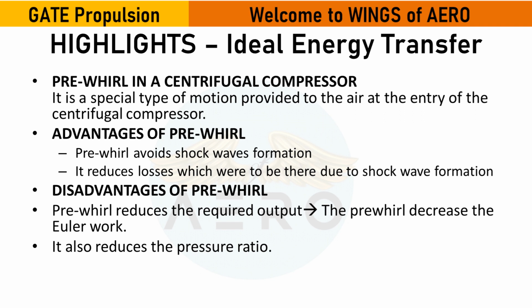So these are the advantages and disadvantages. Any kind of technology plays a dual role, just like two sides of a coin. It acts as an advantage and also as a disadvantage. The advantage is that it avoids the shock wave formation and reduces the losses. Due to that, a smaller amount of work output is formed, and the pressure ratio will also be less, and it slightly reduces the efficiency, because pressure ratio and efficiency are directly connected with each other.